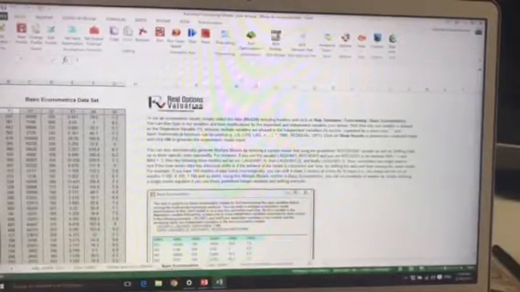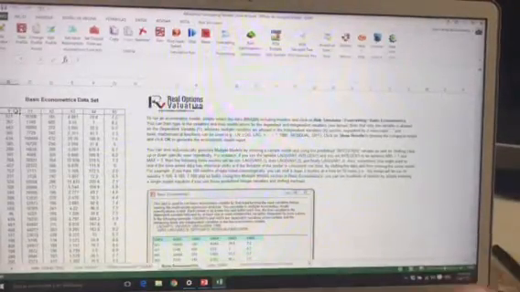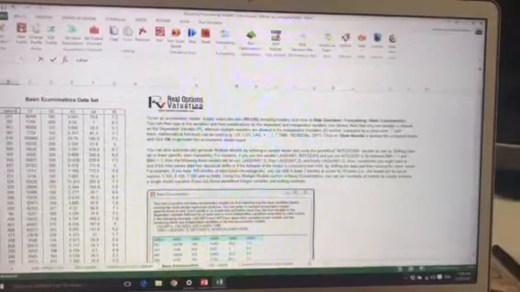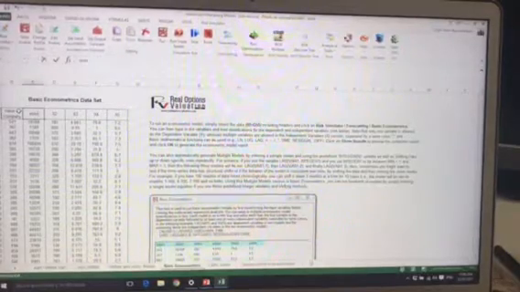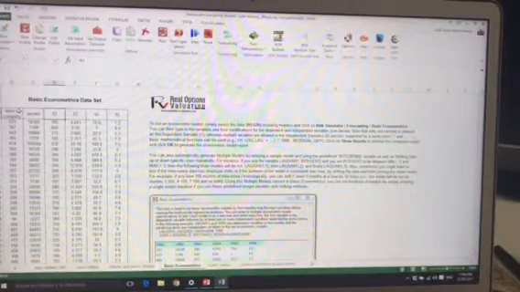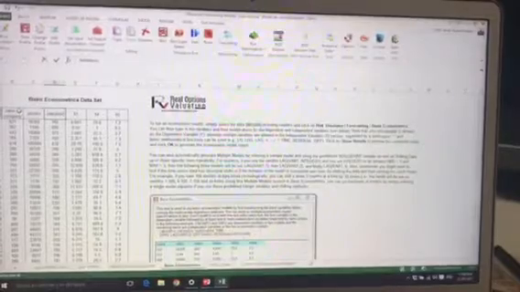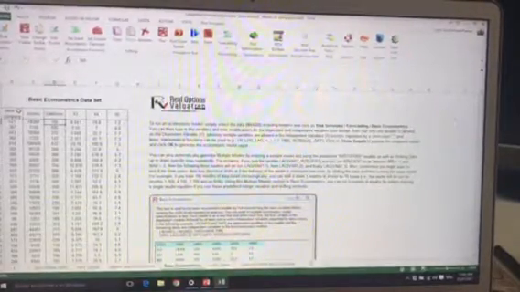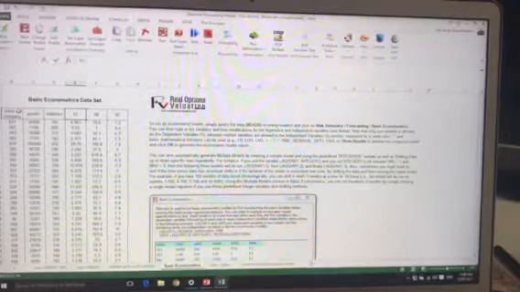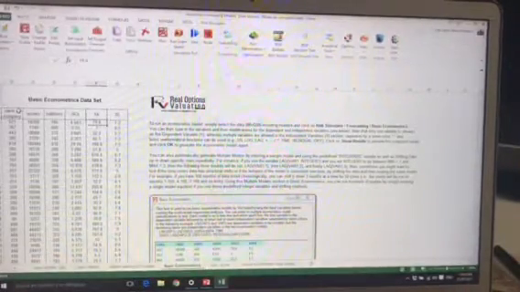We can have here, for example, the value of a company depending on, for example, the assets and the liabilities and the ROI and other ratios.